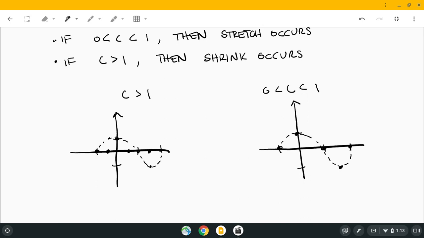But these verticals stay the same. So if your highest point here is 1 and this is -1, then it will stay there. These won't change. Your graph will still be between these two numbers over here. What changes is that this behavior happens in a more squished horizontal space.